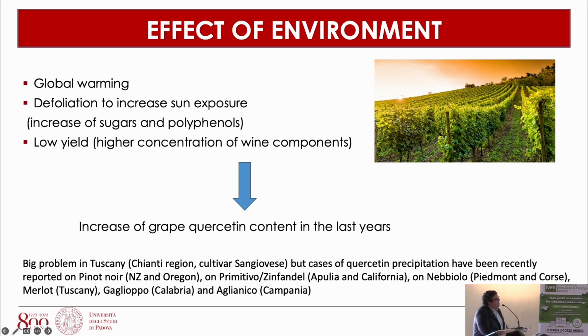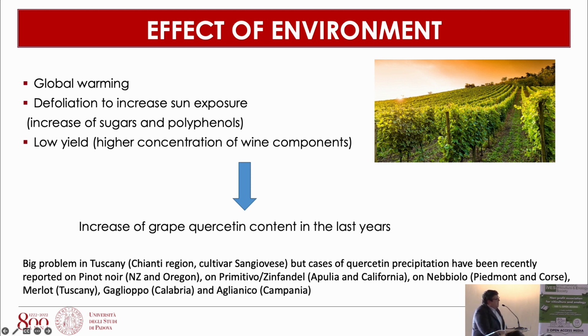The viticultural practices, like defoliation, to increase the exposure, the sugar content and the anthocyanin content, obviously led to an increase also in quercetin, and also the mechanical harvest and so on.